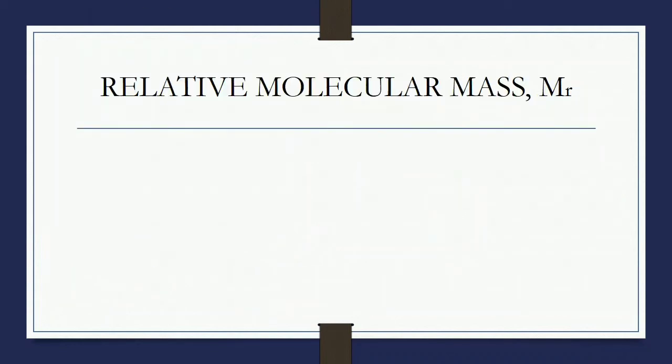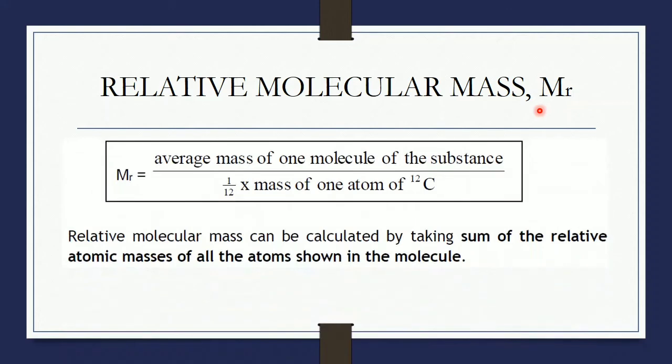So next we are looking at relative molecular mass. The symbol given is Mr. Relative molecular mass can be defined as the average mass of one molecule of the substance as compared to 1/12 the mass of one atom of carbon-12. So this is almost similar to the relative atomic mass.